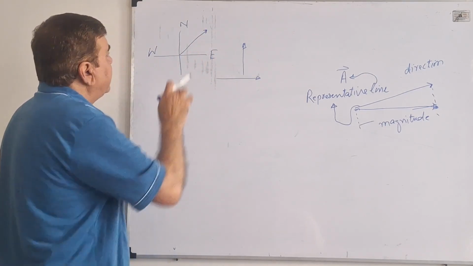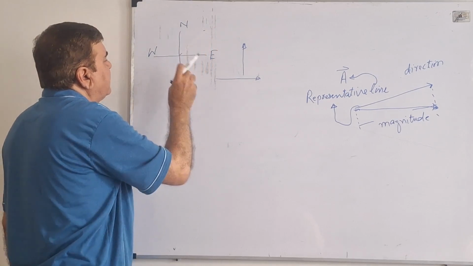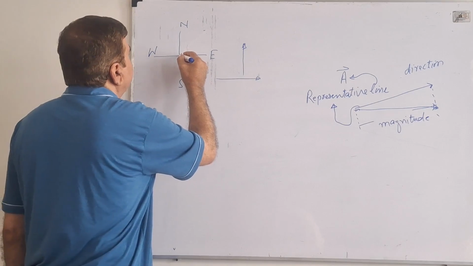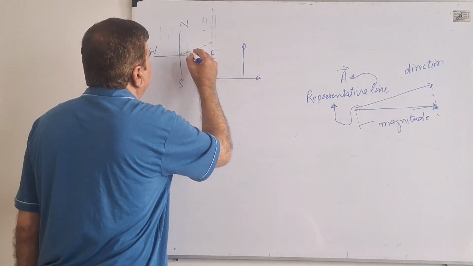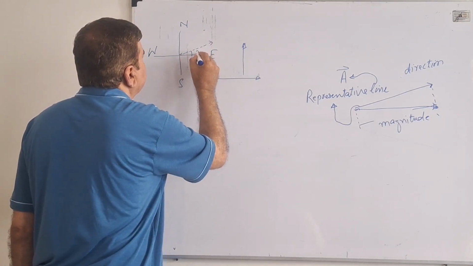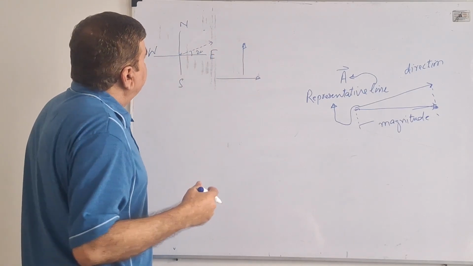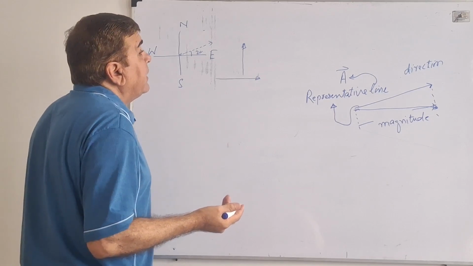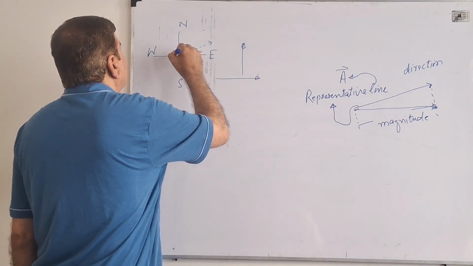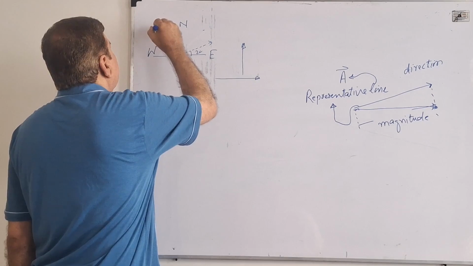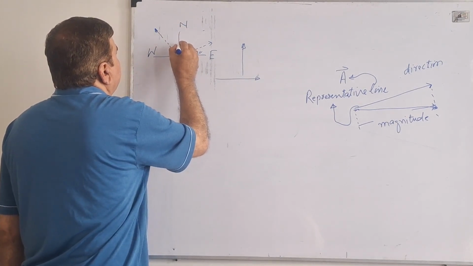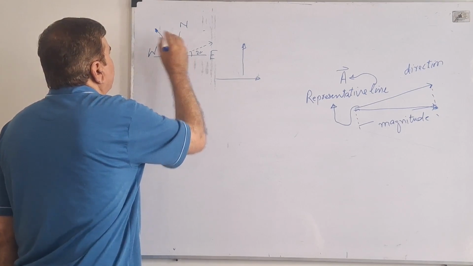And in other cases, if it is said that a vector is 20 degrees from east to north, that means we would draw a vector in this direction making 20 degrees with east. Similarly, the statement could be a vector is pointing from north to west with 40 degrees. So then I will draw a line like that with an arrowhead, and this angle will be equal to 40 degrees.